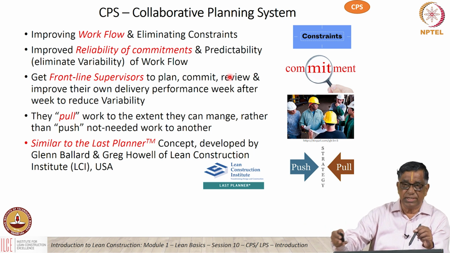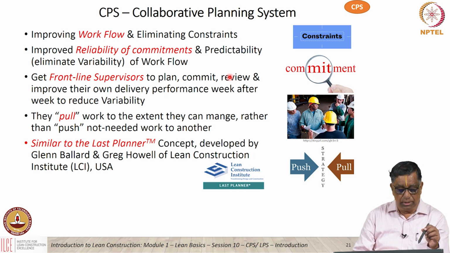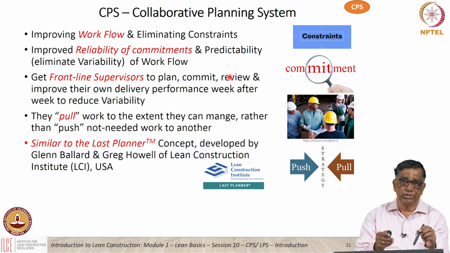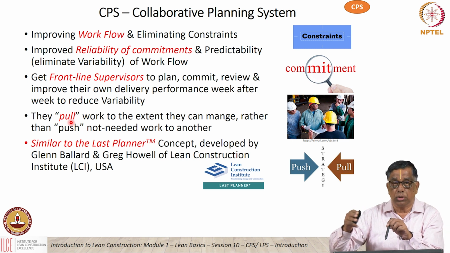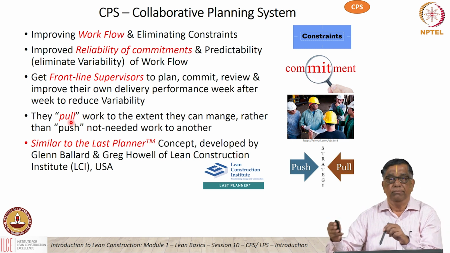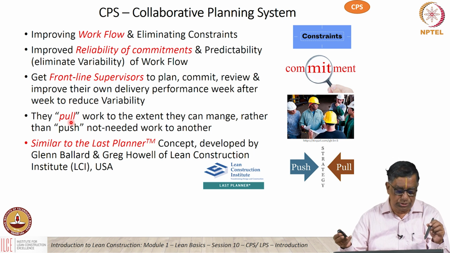And the concrete man says, I want so much of formwork and rebar. And again, it goes backwards like this in a reverse planning process. So at every stage, there is a pull planning going on instead of each activity trying to push unwanted work to the next succeeding work, where it just gets piled up as work in progress, which is a total waste.